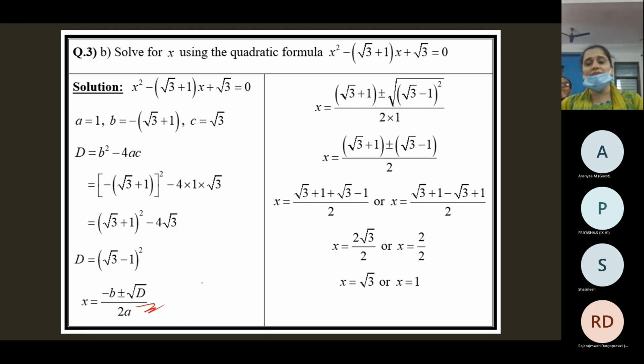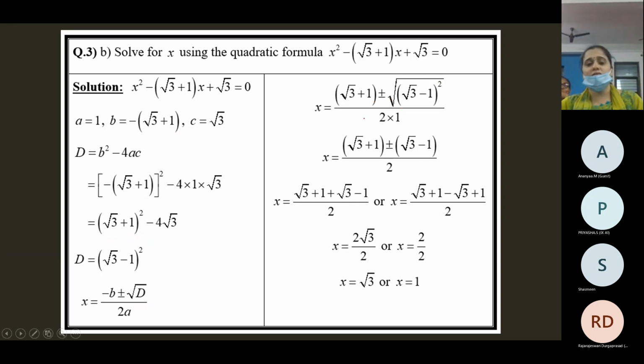So then this is the x formula: minus b. This is b, right? Minus b, so minus into minus is plus. So you can see here minus b plus or minus root d. What is d? This full thing is d, divided by 2a, 2 into 1, 2a.